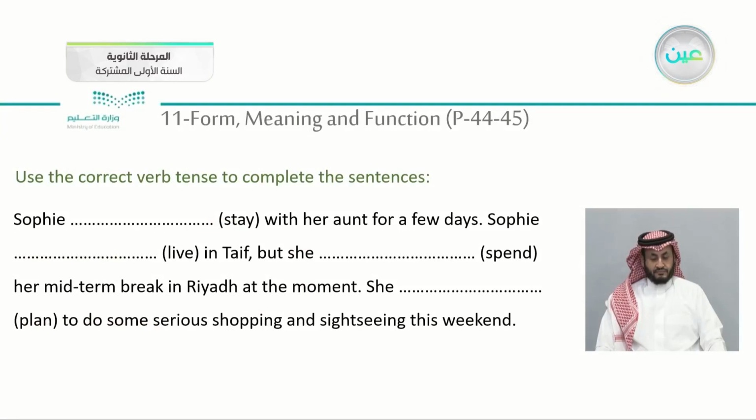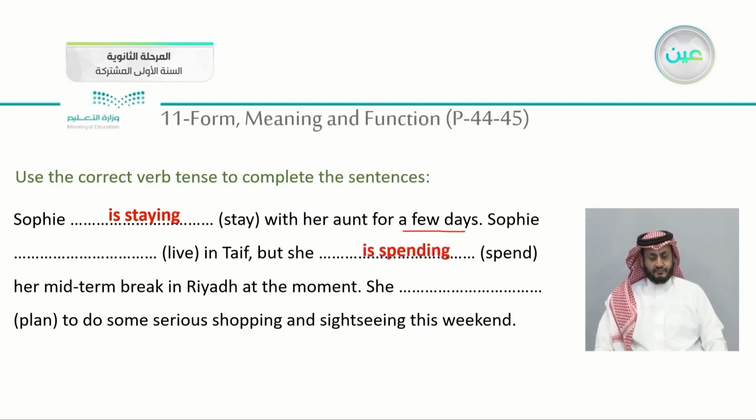Let's try to do this one. Here we will compare between the present simple and progressive, speaking about Sophie. Sophie stay with her aunt for a few days. Temporary situation, not forever. So is staying. Sophie live in Taif every day for life.